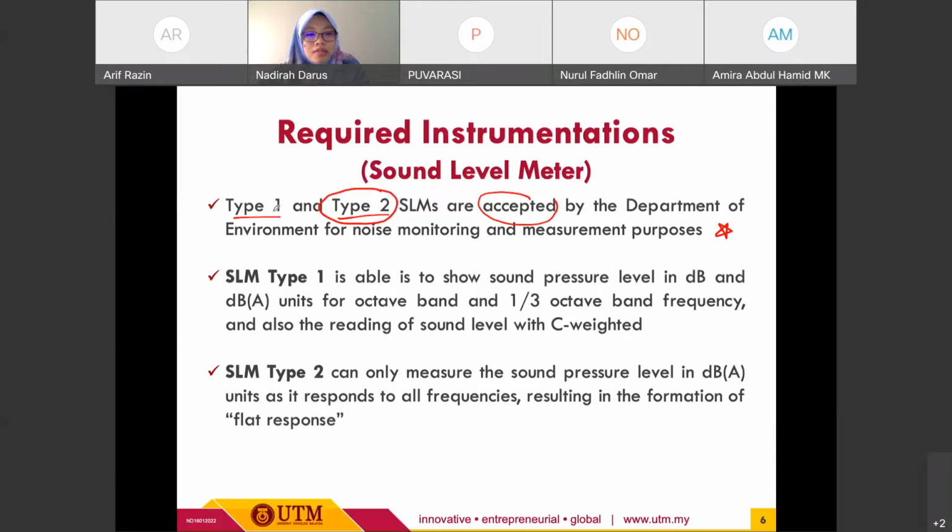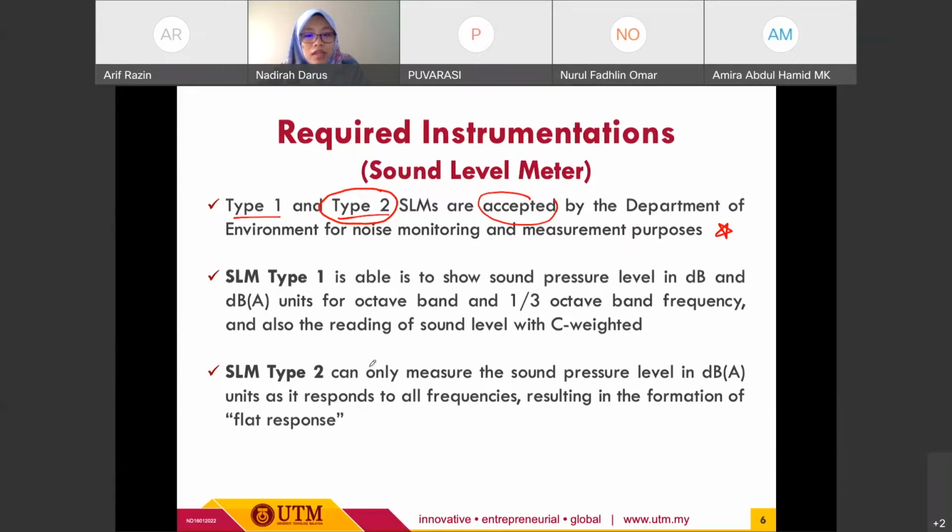Okay, kalau kita tengok the difference between type 1 and type 2, capability type 1 much more better than type 2, so for sure dia punya harga pun akan berbeza lah. Type 2 much cheaper than type 1.